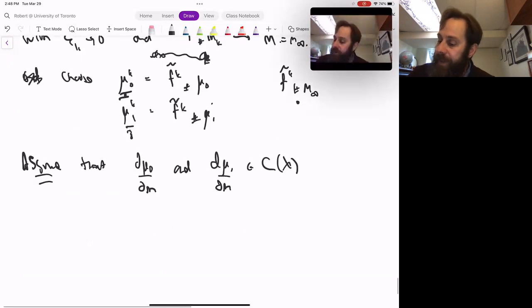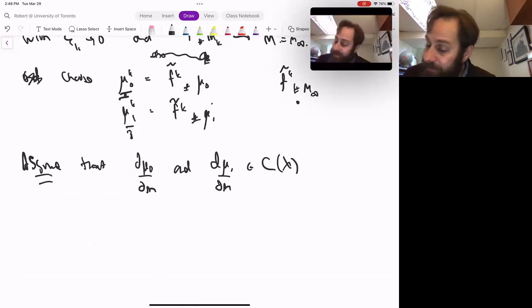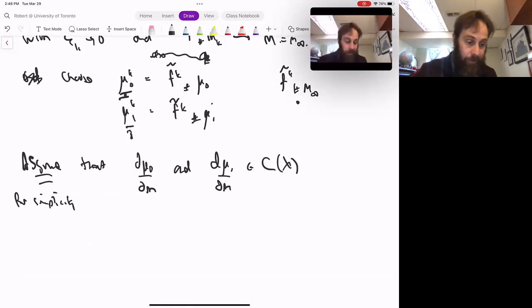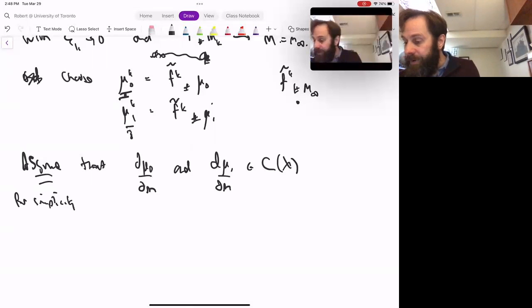Normally these would just be L1 densities, but I'm going to make this simplifying hypothesis. So this is for simplicity, and then we'll worry about getting this by approximation later. Let me try to do it under this assumption.